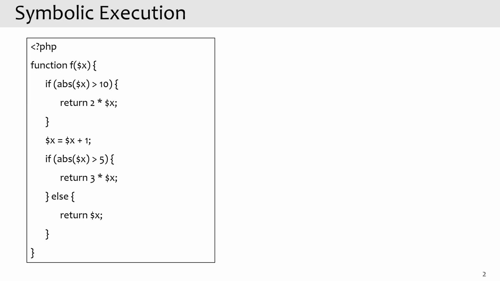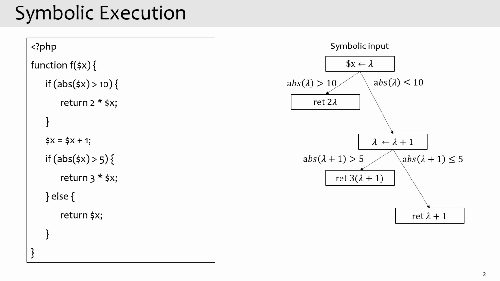Symbolic execution is a foundational program analysis technique that enables many security applications, including vulnerability detection and exploit generation. In symbolic execution, we treat the input as symbolic and then simulate execution over different program paths.